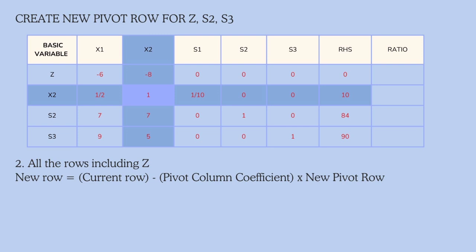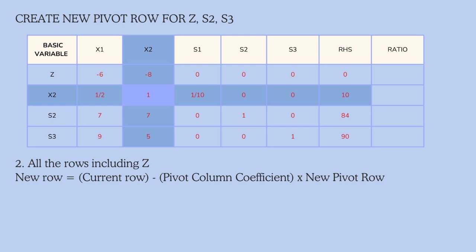So, kung nasa column ka ng X sub 1, ang new pivot row mo is yung 1 half. Kung nasa X sub 2 ka naman, ang new pivot row mo is 1. So, kung ano ang katapat ng current row mo, yun din ang new pivot row nyo.